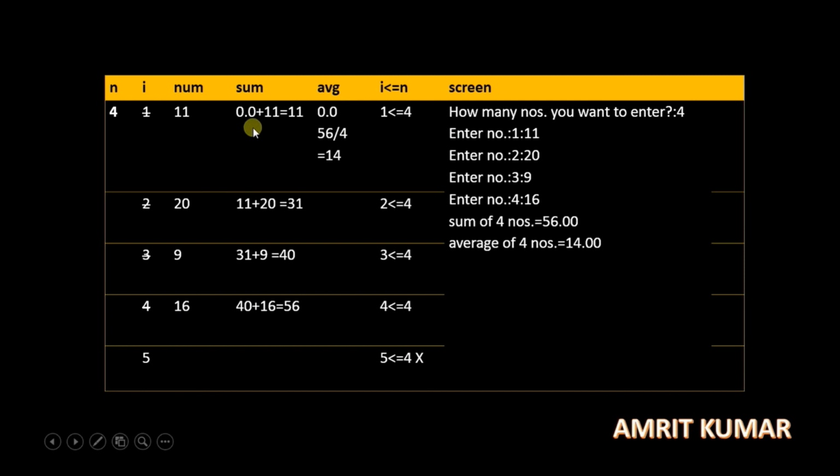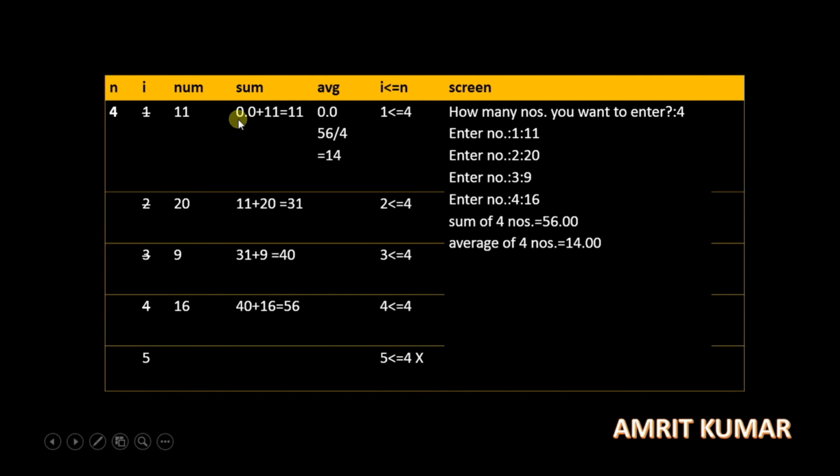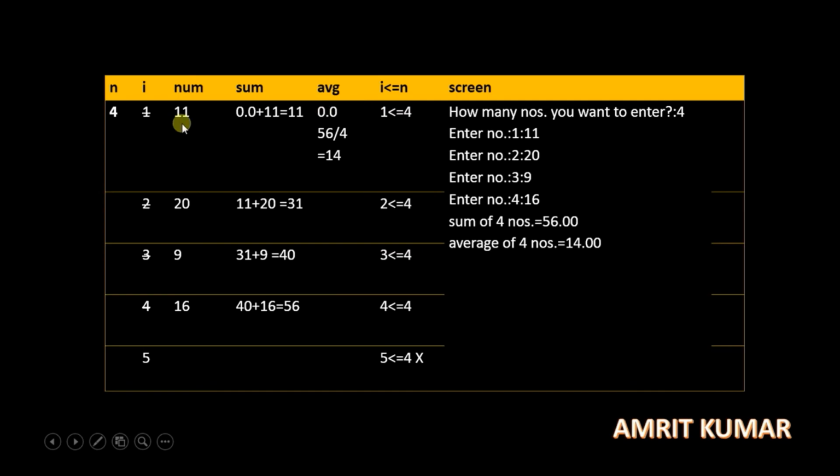So what the summation has done here is that first, the initialization of sum was 0. Therefore, 0 plus num, the user has given the num 11. So 0 plus 11 is equal to 11. And in the second statement, 20 here.